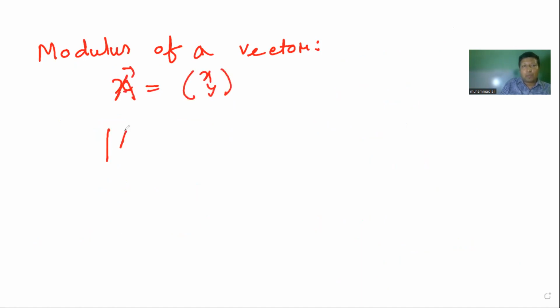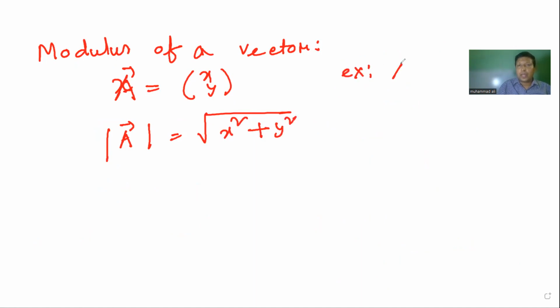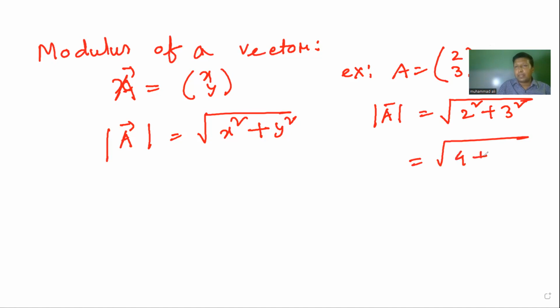If you want to find the modulus of the vector, it equals root over x squared plus y squared. Another example: a vector equals 2 and 3, 2 horizontal and 3 vertical. So the modulus of a equals root over 2 squared plus 3 squared, so we get 4 plus 9, which is 13. So magnitude and modulus we can find in this way. We must remember these things.